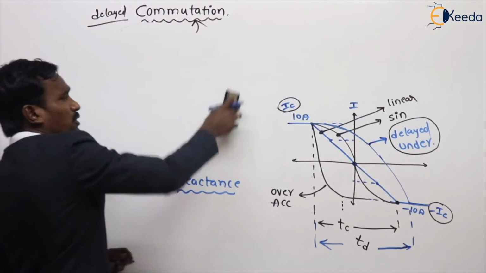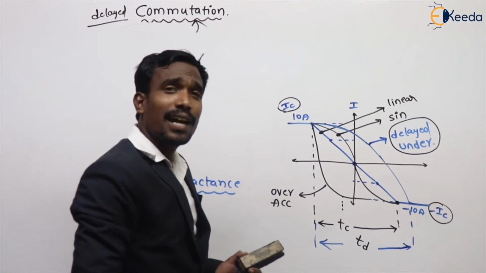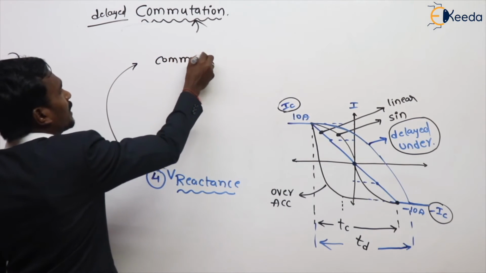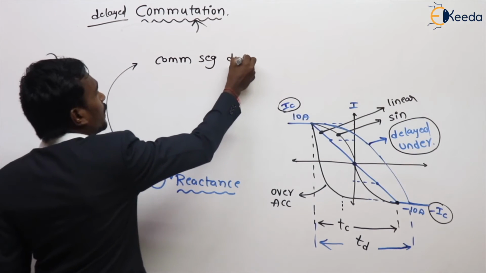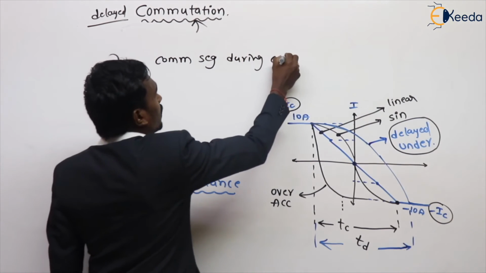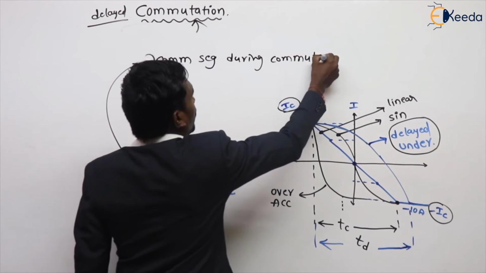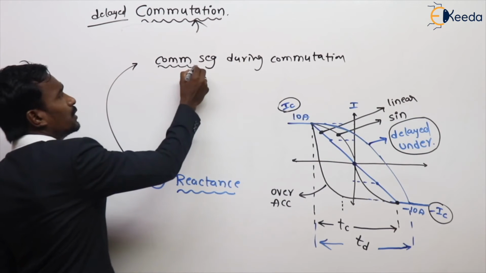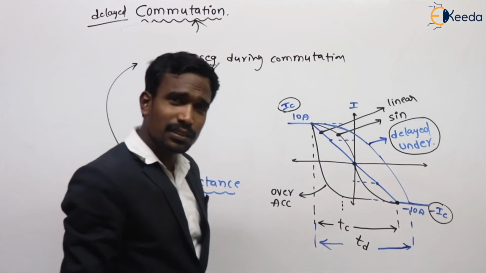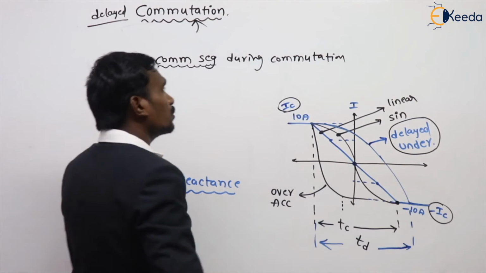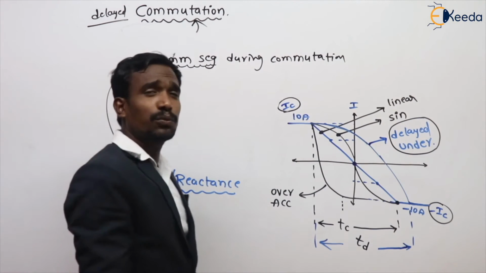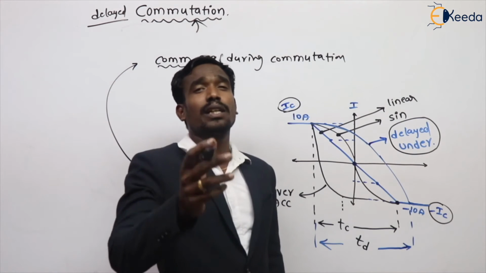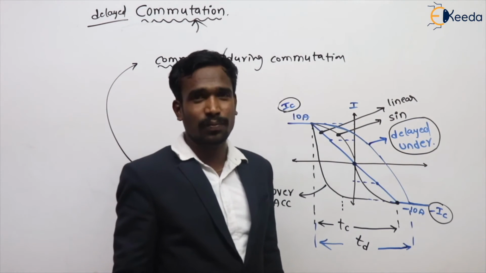It is the voltage induced in the commutator segments during the commutation. During the process of commutation, an EMF is induced in the commutator segments. That EMF is called reactance voltage, which damages the brushes due to delayed or sparking commutation.